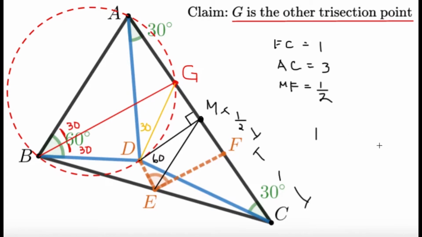So since we know that MC, which is opposite the 60 degree angle, has length 3/2, we know that DM, which is opposite the 30 degree angle, would be MC divided by square root of 3. MC is 3/2, so if I divide it by square root of 3, I get DM, which is going to be square root of 3 over 2.